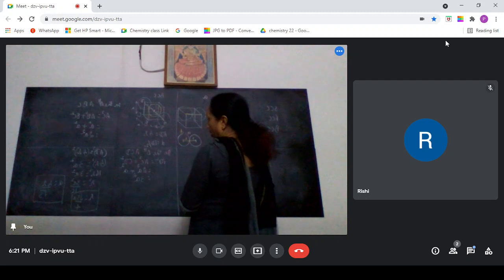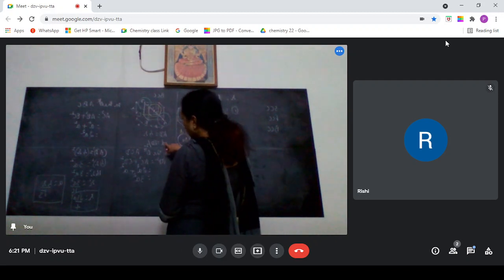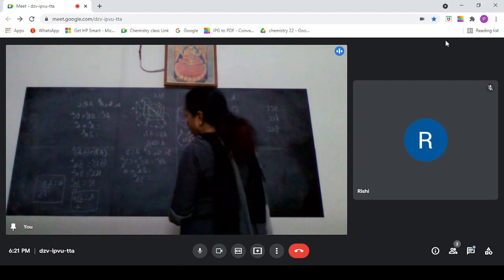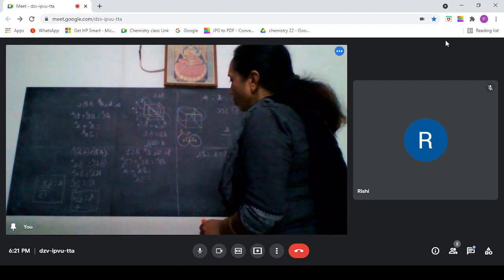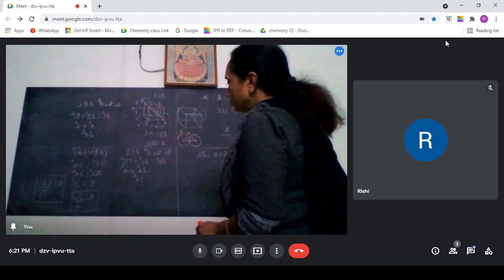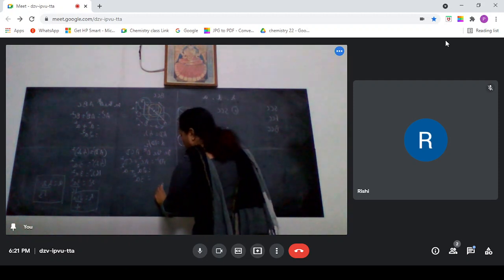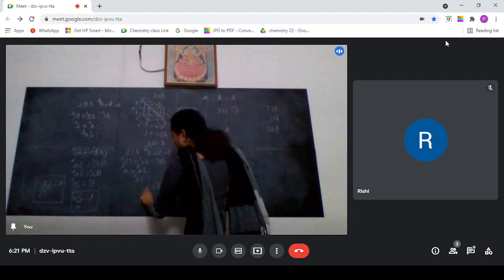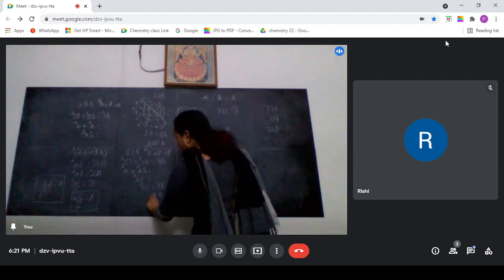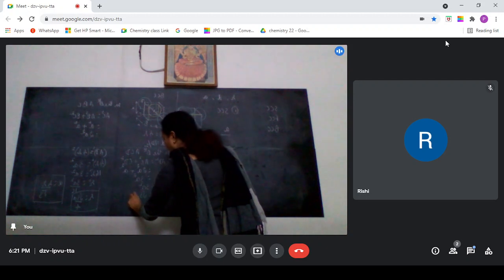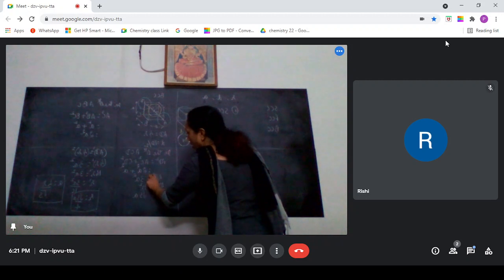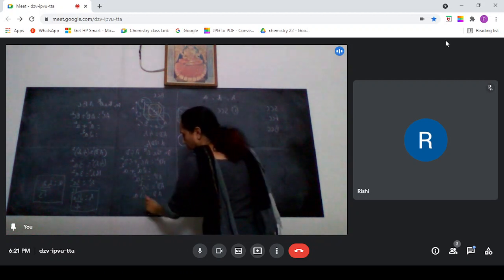Now, D, what is D equal to? AD by 2. So, what is AD equal to? AD square is equal to 3A square, so AD is equal to root 3A.